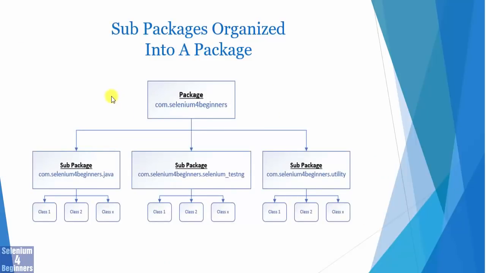We can add related sub-packages and classes under com.selenium for beginners. I am going to add 3 sub-packages: Java, Selenium TestNG, and utility. Although there will be sub-packages, a class is still allowed to be added under package, and of course the sub-packages.